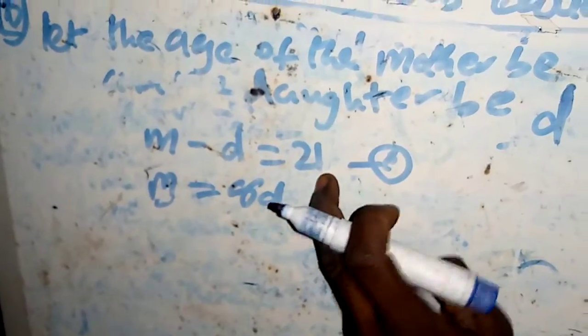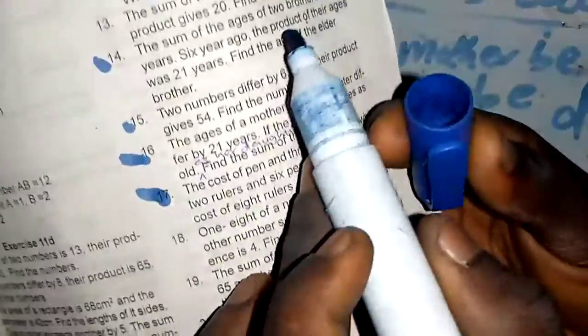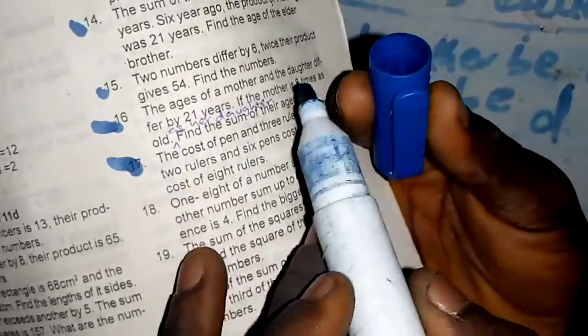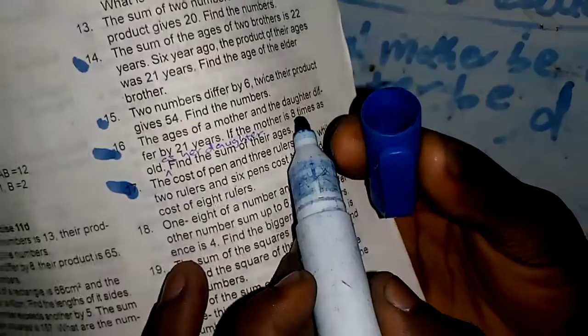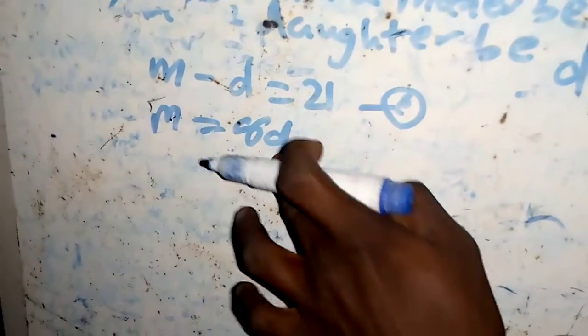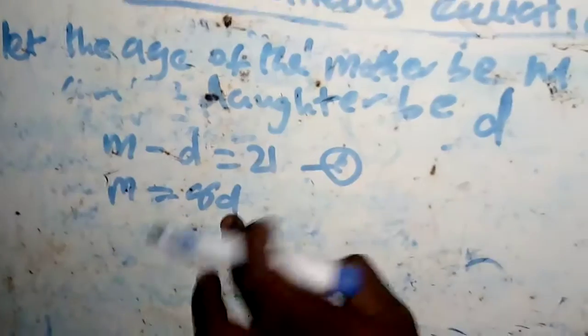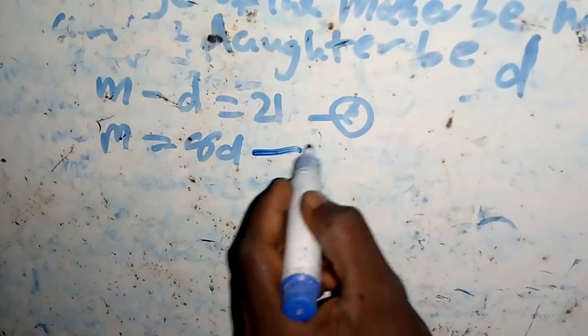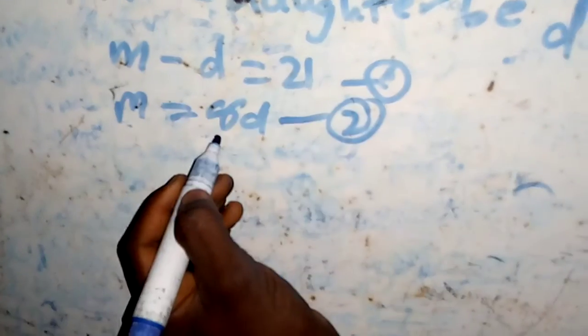That's equation 1. The second equation says the mother is 8 times her daughter, so this is equation 2. Now m is already given here: m equals 8d.